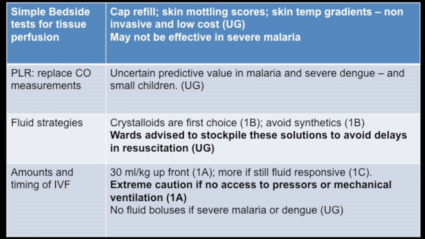In terms of the amounts and timing of intravenous fluids, certainly give your 30 mL per kilo up front. That's a 1A recommendation. But be extremely cautious if you have no access to vasopressors or mechanical ventilation. That's because when they take the Surviving Sepsis Campaign guidelines and extrapolate them directly to populations in, well, one study was in Zambia, the mortality rates with that early goal-directed therapy and lots of fluid are higher.